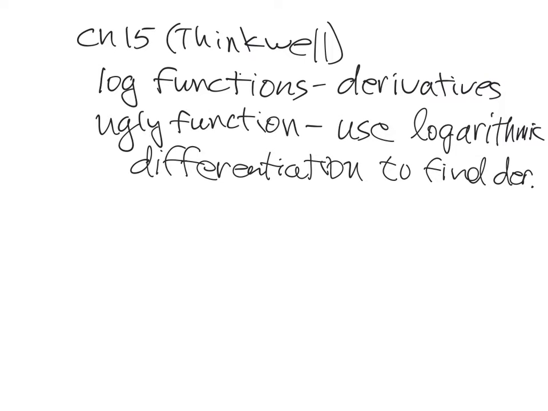And the benefit both for the basic log function and for these ugly functions that we turn into a logarithm, is using the log properties to rewrite the original function to make it a lot nicer to work with before we take the derivative. Because especially this particular problem, you're going to see one ugly function.